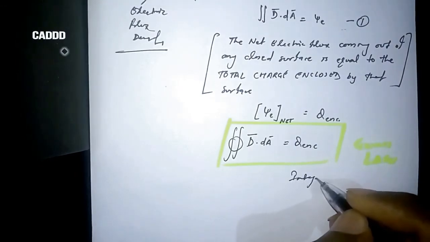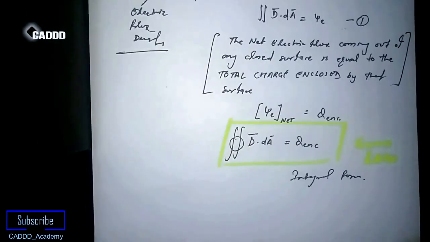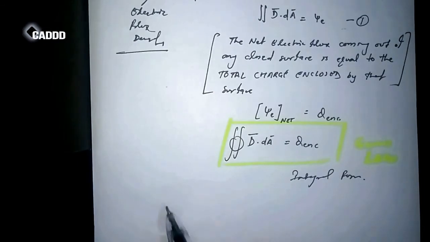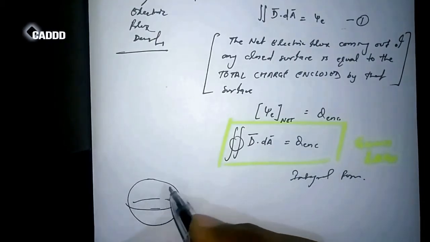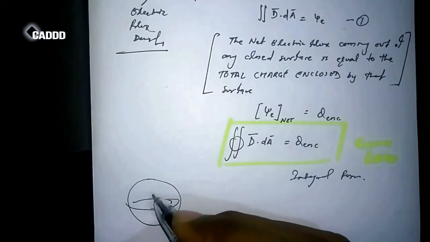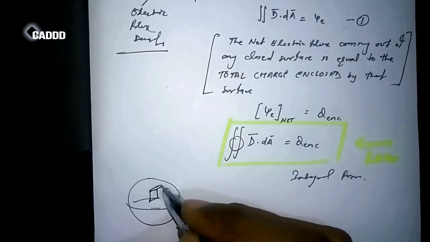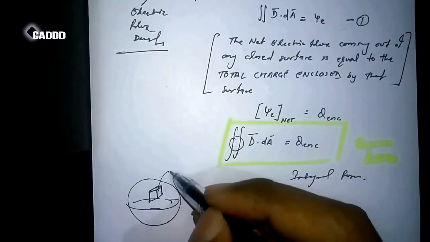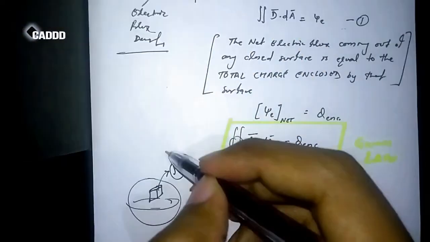To get the Gauss law in point or differential form, let's consider we have a spherical object, and inside the spherical object there is a volume charge density of rho v.